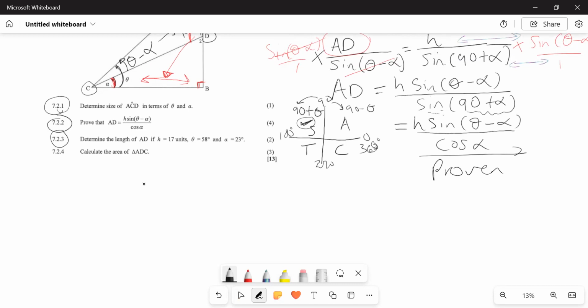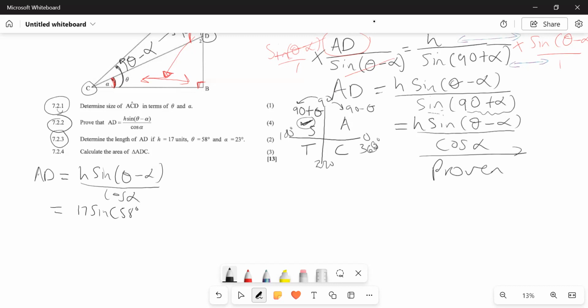7.2.3, they said determine the length of AD. So now we're looking for the length of AD. So that's H sine theta minus alpha divided by cos alpha. But now they give us the values. So for H, we have 17 sine.